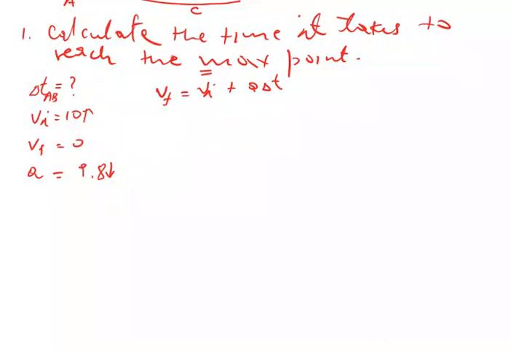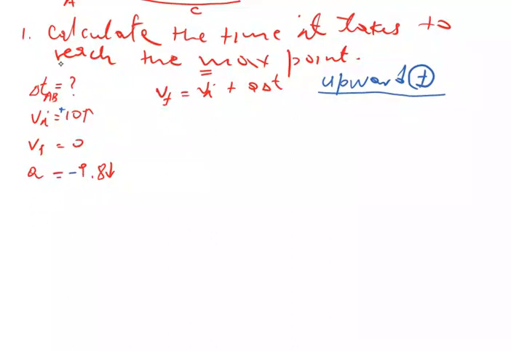Now, since we are talking about vectors here, we need to choose the direction. Let's take upwards as positive. So upwards is positive, which means this 10 is positive, but this 9.8 is negative.